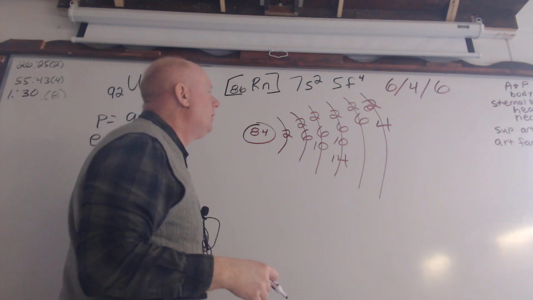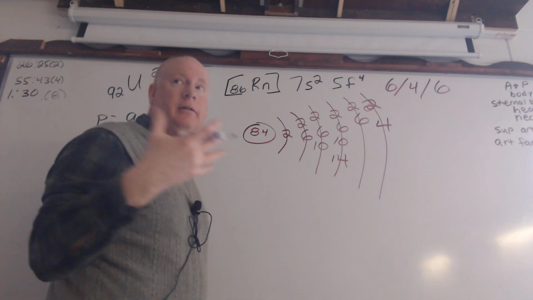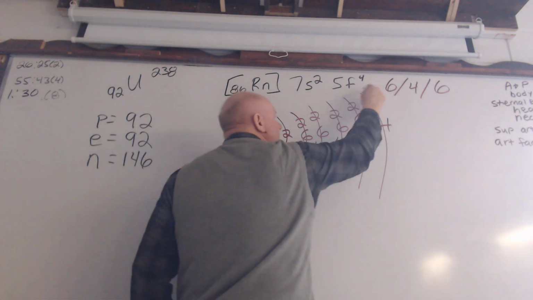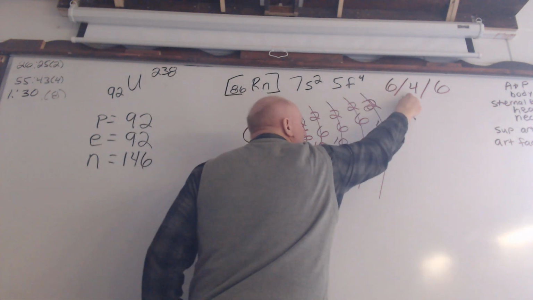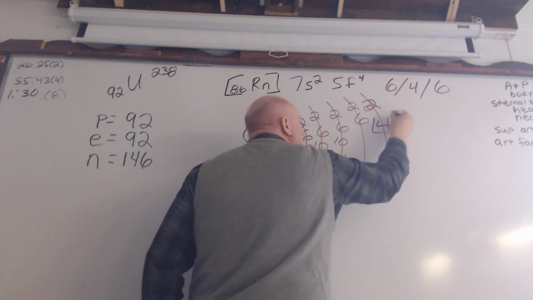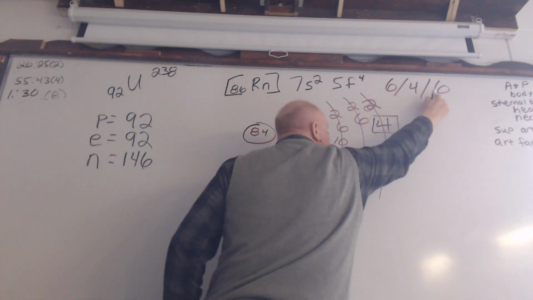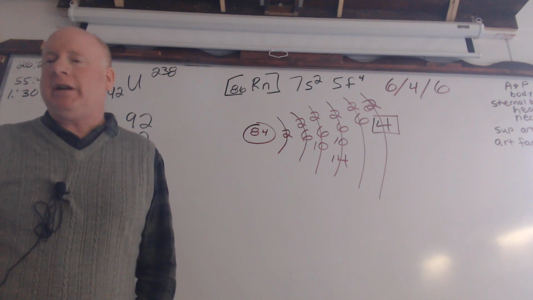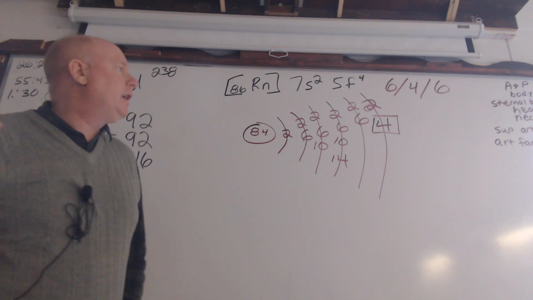Okay. So, as we count, so here, 3, 4, 5, 6, there's that 6. 4, there's that 4, and 2 and 4 gives you 6. That's where that 6 came from. So you can make those types of predictions. Okay.